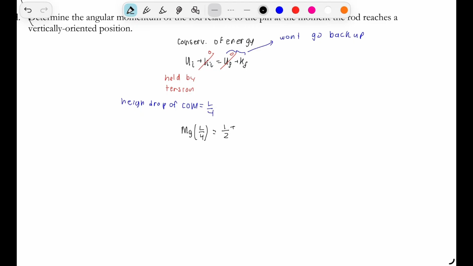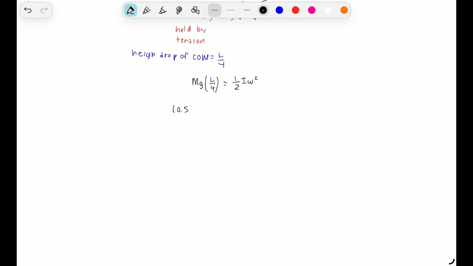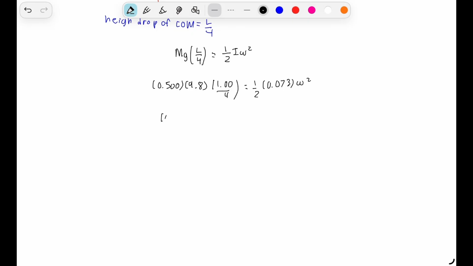So our kinetic is all rotational. We use the rotational form of kinetic energy, which is 1/2 I omega squared. If we plug in everything, we have 0.500 times 9.8 times 1.00 divided by 4 is equal to 1/2 times 0.073 omega squared.